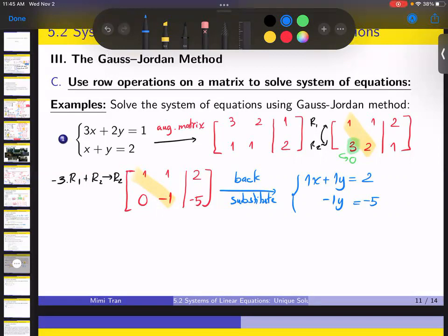You have y equals 5. Once you have 5, you can plug it back here or there. So when y equals 5, what's x equal?